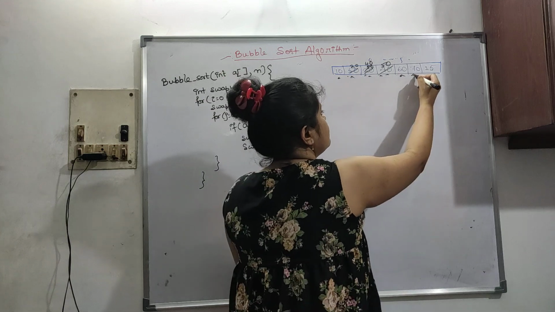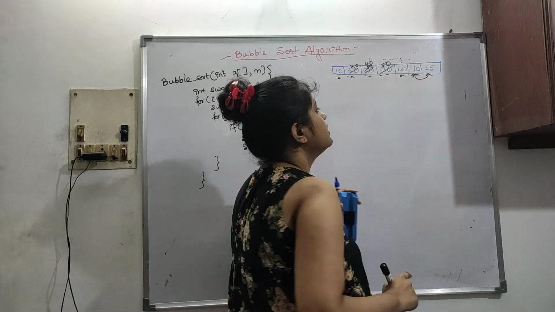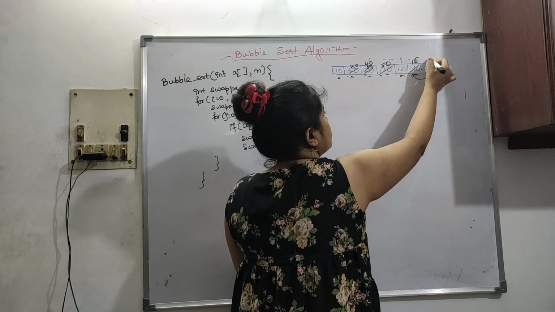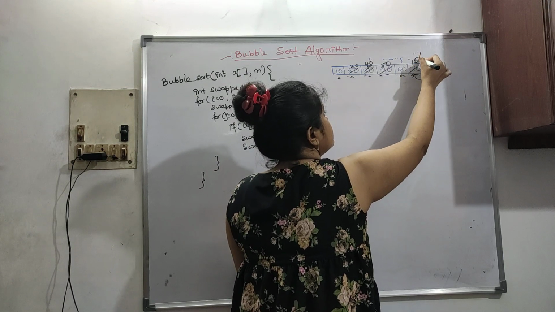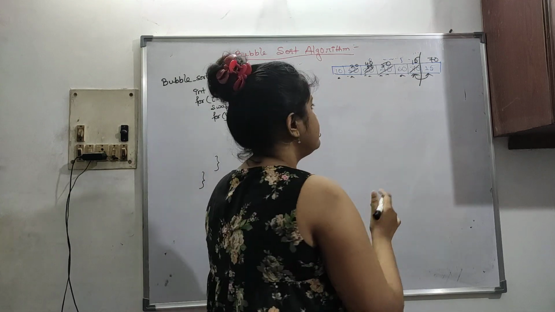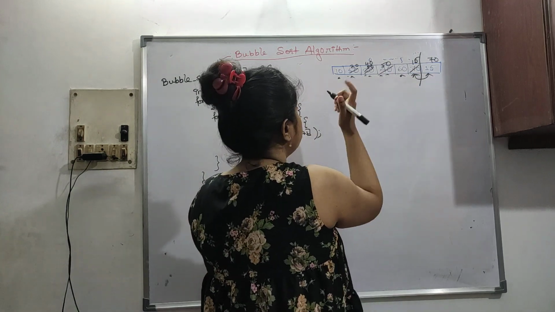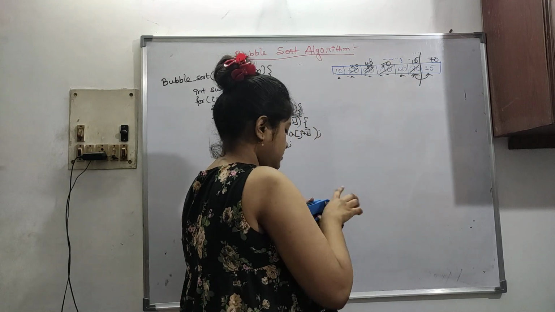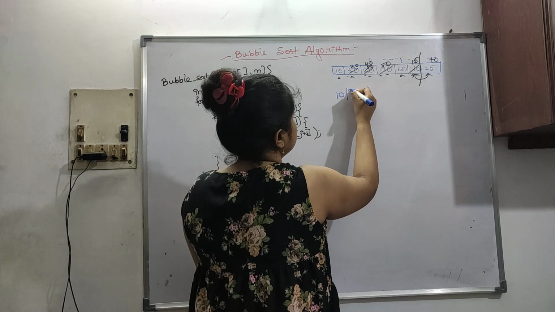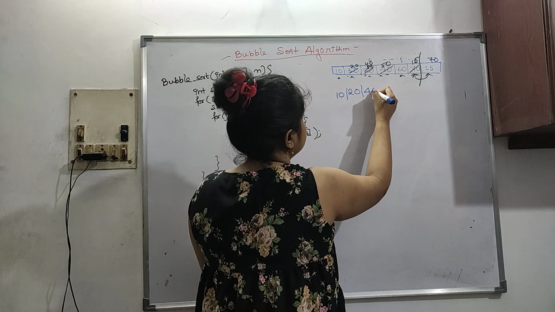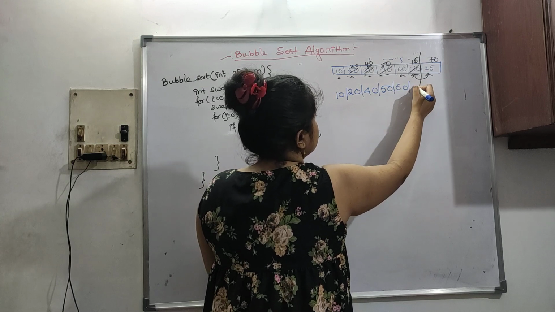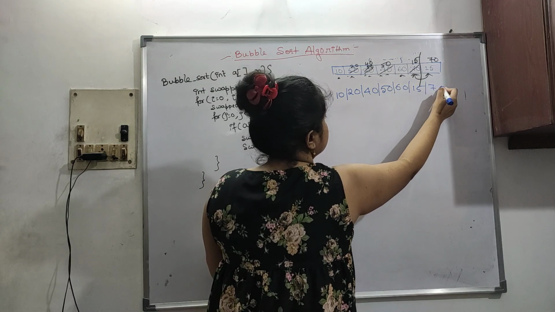Now, 70 and 15. 70 is greater than 15, so 15 comes here and 70 goes there. I'll write it down again so it is visible properly: 10, 20, 40, 50, 60, 15, 70.